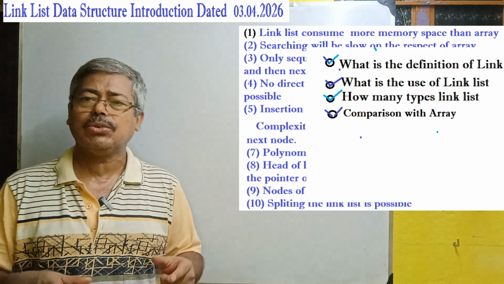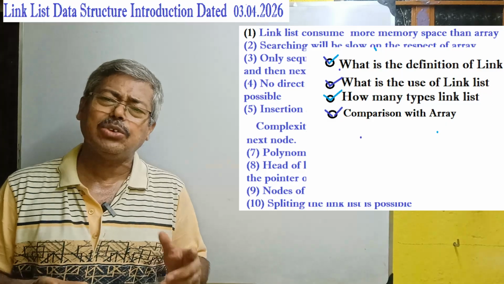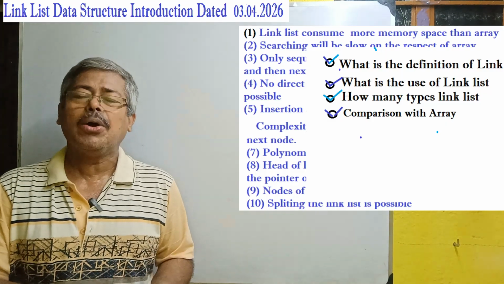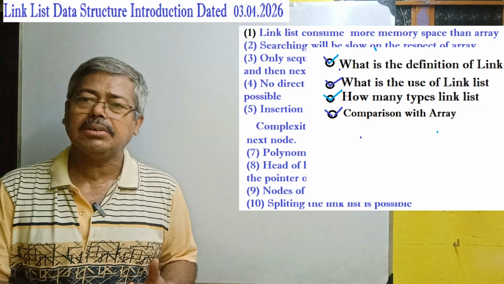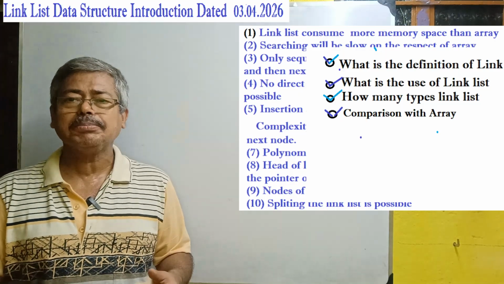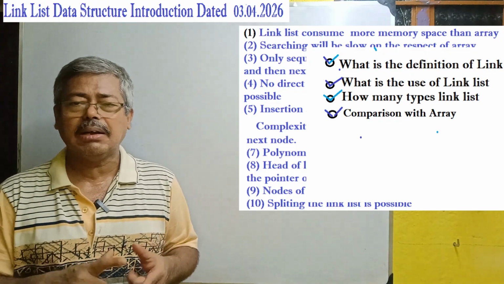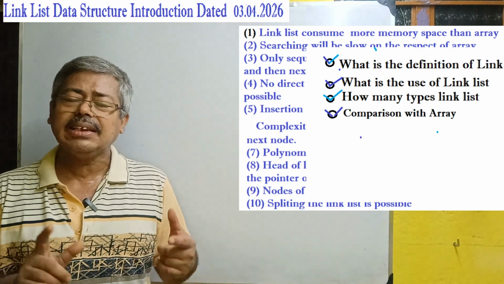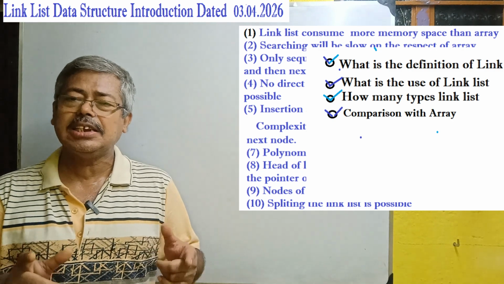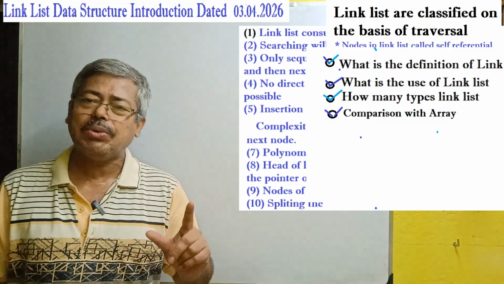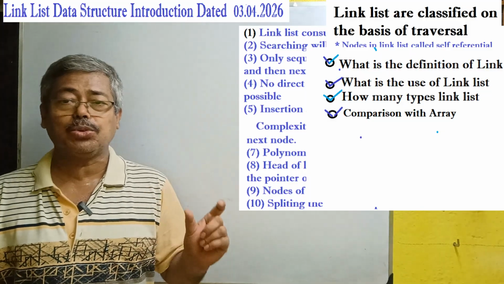We can normally classify the linked list in three ways. First is the single linked list, second is the double linked list, and third is the circular linked list. So singly, doubly, and circular linked list. In a single linked list, each node contains two parts: one is the pointer, another is the node value.